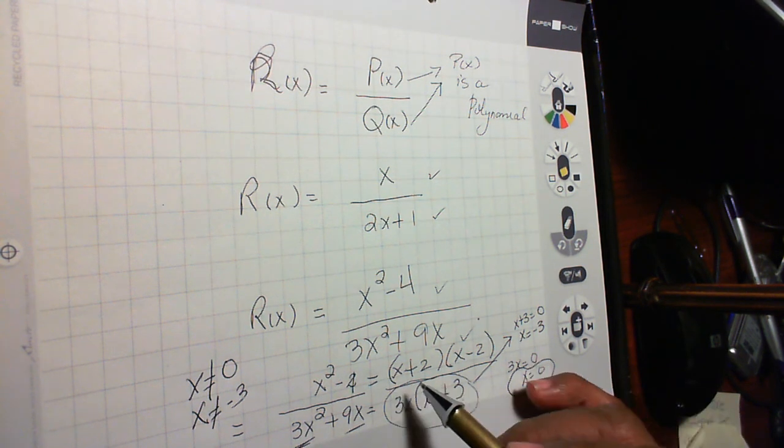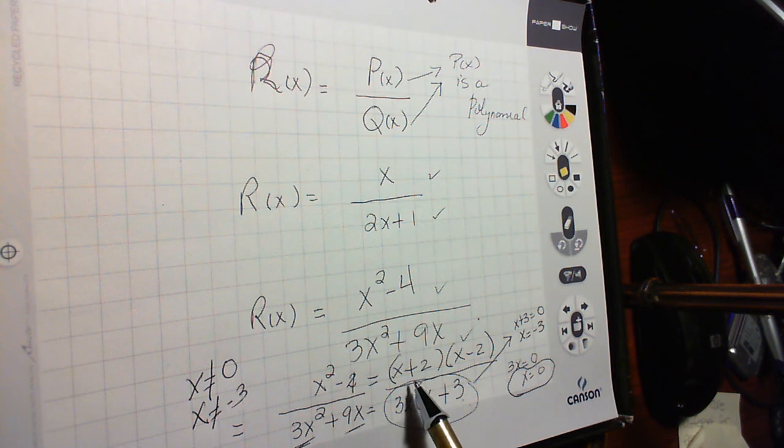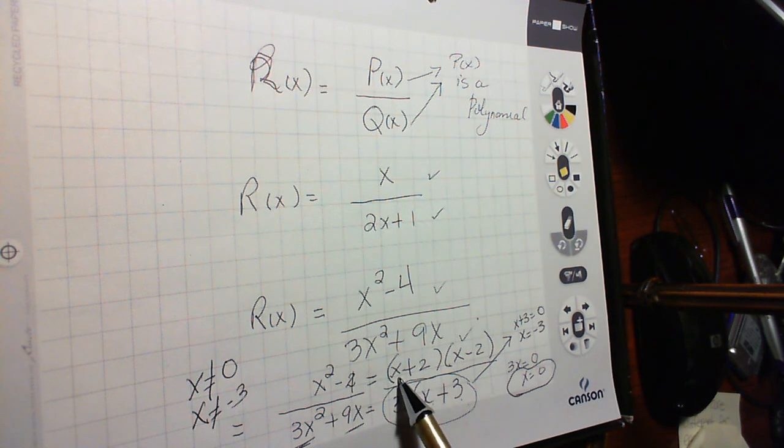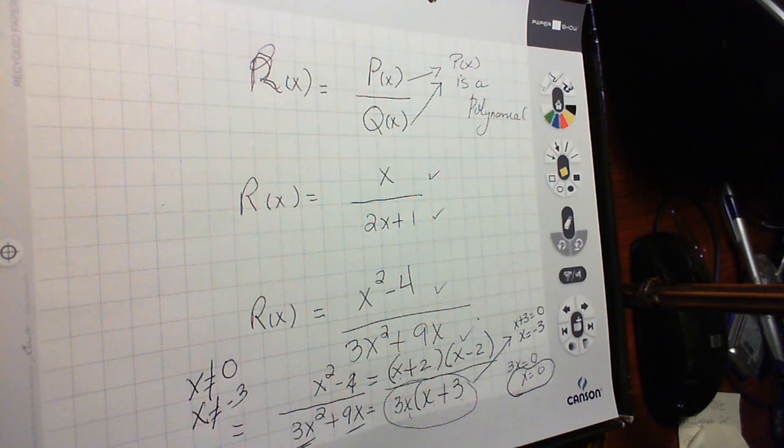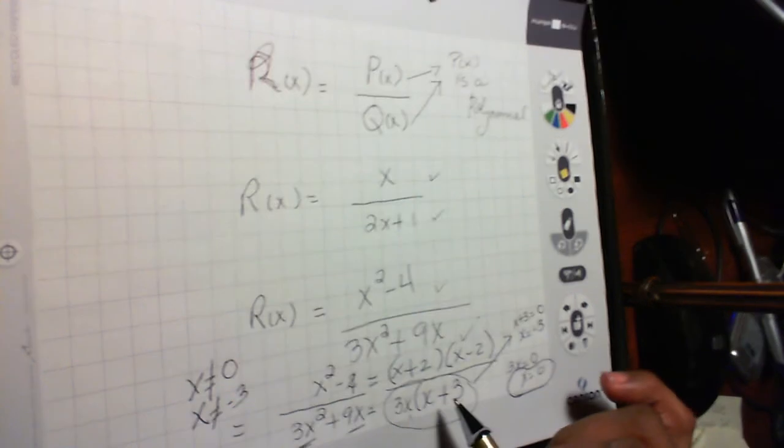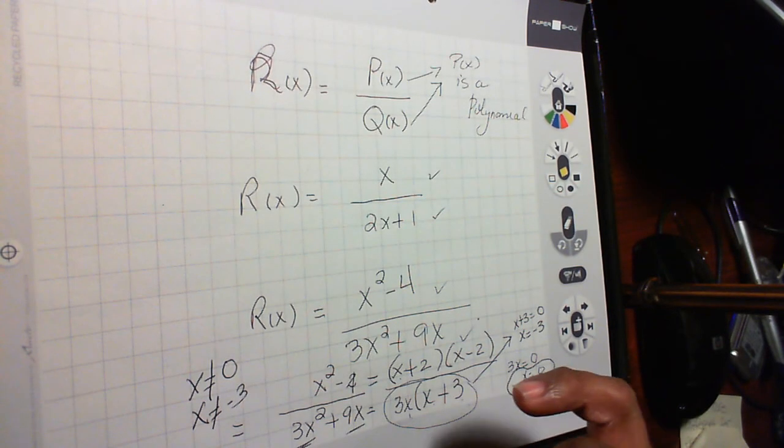Can the top be 0? Can x be negative 2? Yes, the top can be 0. But the bottom cannot be 0. So we have to be careful with that. We cannot divide by 0, but 0 can be divided by something.